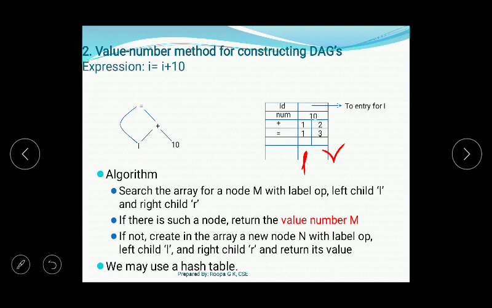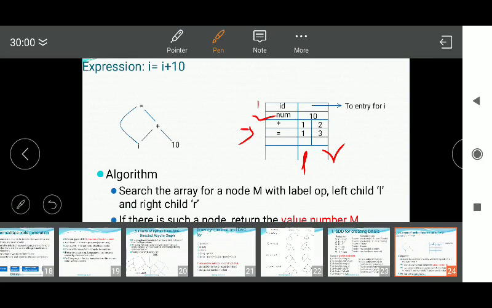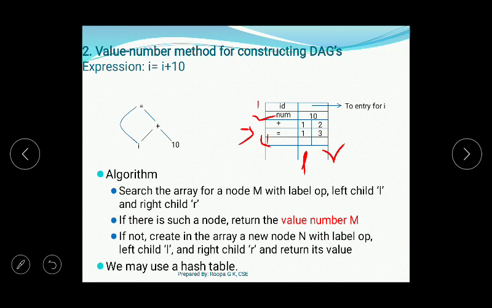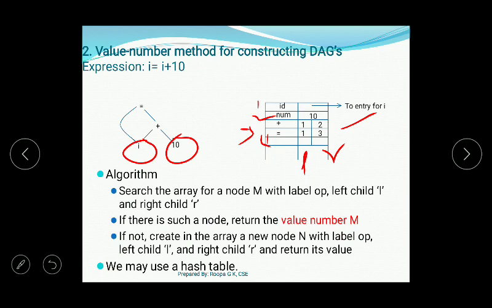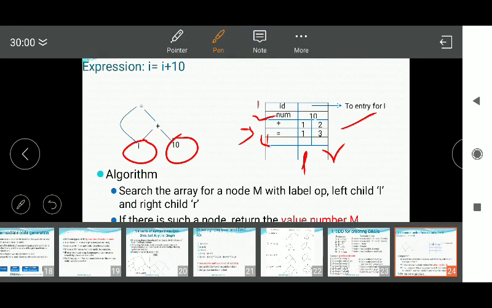Now start searching the value number array for the left child and right child. One more thing, here it is represented like this: the index, this is 1, second is 2, then plus is 3, then equal is 4, like that. Now for plus, the left child is ID and the right child is a number. So consider this value: plus 1 2. Plus is the operator, 1 is the index of ID and 2 is the index of number.